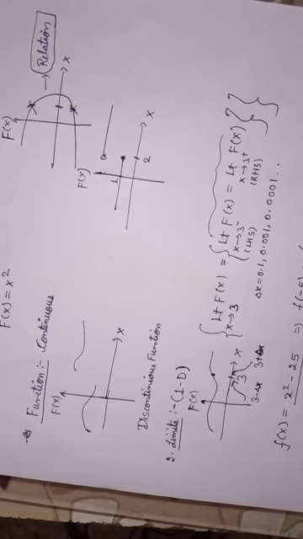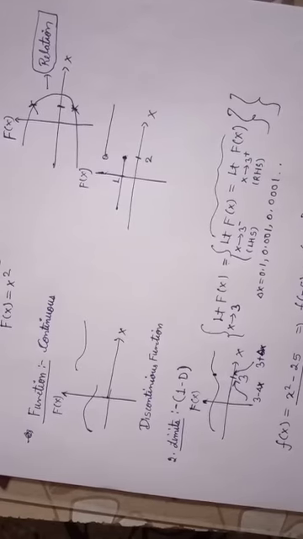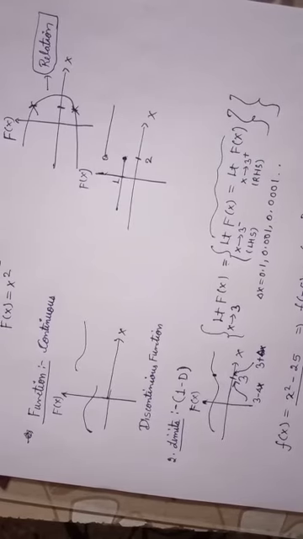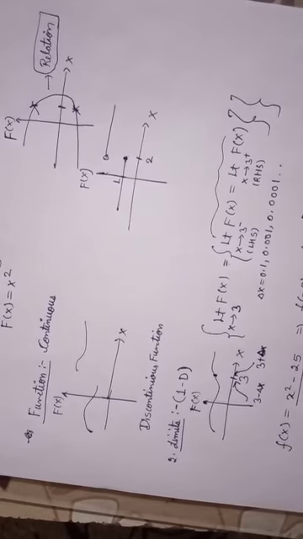It will be minus 5 whole square minus 25, over minus 5 plus 5. So we get this value. This is 25 minus 25, so this will be 0 by 0. What does this mean? This means that the value is indeterminate.